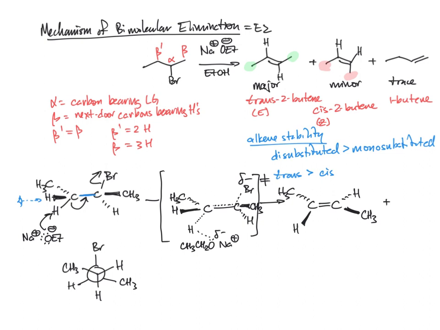So our byproducts here are sodium bromide and ethanol. So I've shown you the trans being the major. And if we go back to this Newman projection, you can understand that because the methyl groups are 180 degrees opposite to one another.